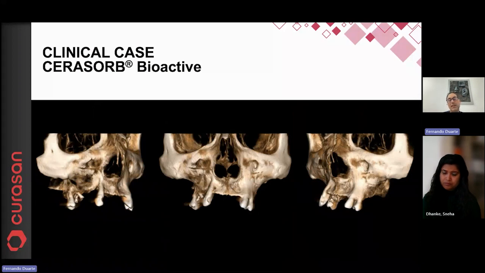And here it is, the resorption of the premaxilla with this wave, this concavity that is very typical of the premaxilla. The canines hopefully keep the bone around them, but the posterior area of the maxilla and the premaxilla had no bone at all.